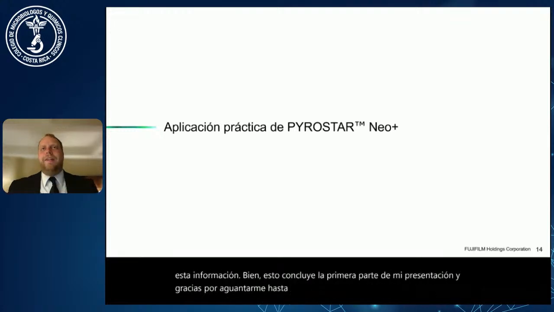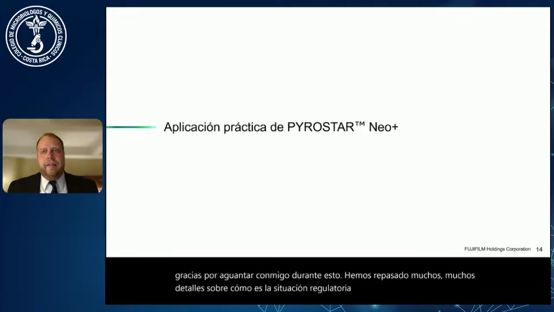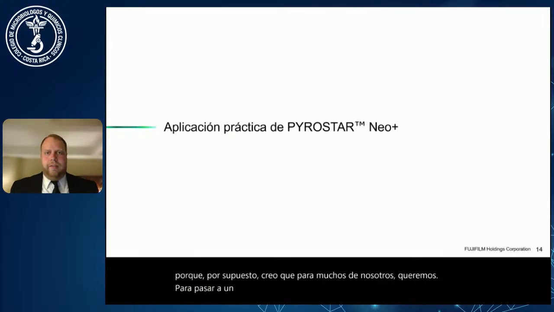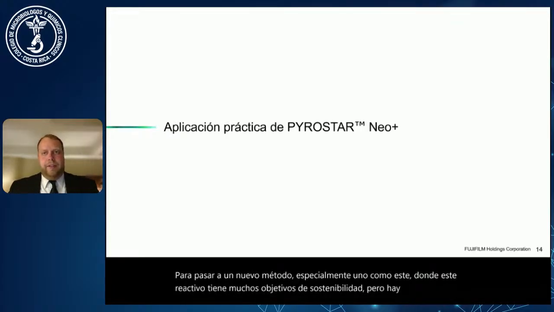We went over much detail in terms of what the regulatory situation looks like, and I wanted to go through that because, of course, I think for many of us, we want to move to a new method, especially a method such as this, where there are many sustainability goals that this reagent applies for. But there are questions, of course, with the regulations.